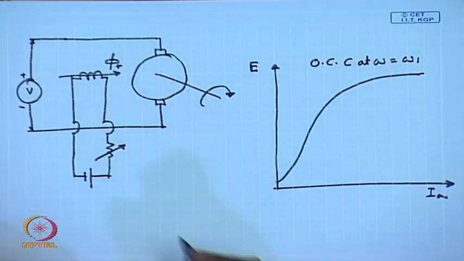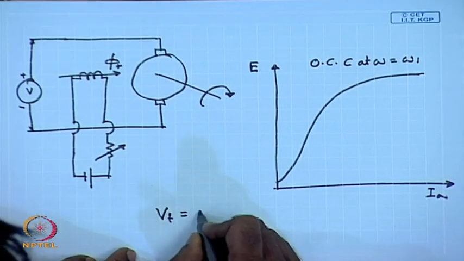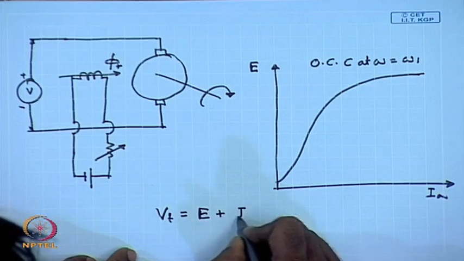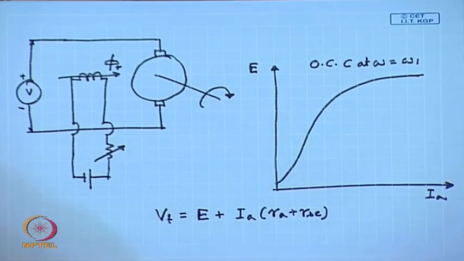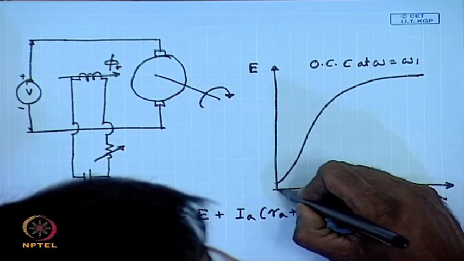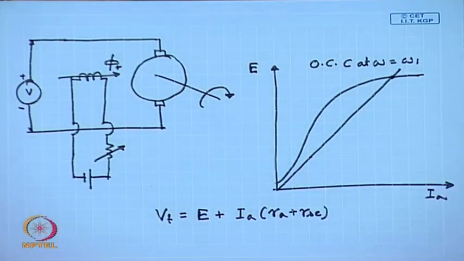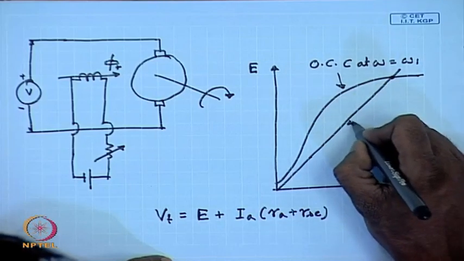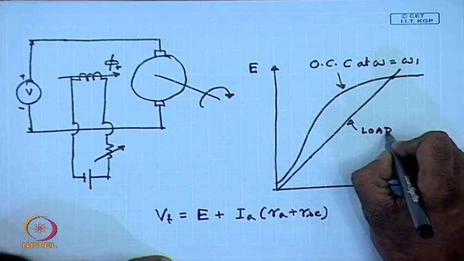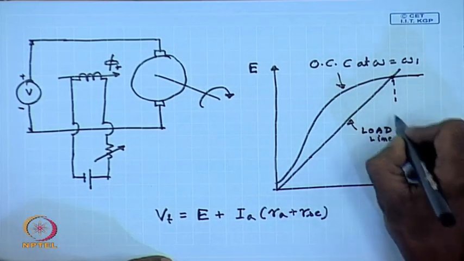The other equation, the so called load line, is given by V t equal to E plus I a into R a plus R a c, which is again a straight line. At the operating point, both the OCC and the load line equation must be satisfied. So, this will be the operating point.